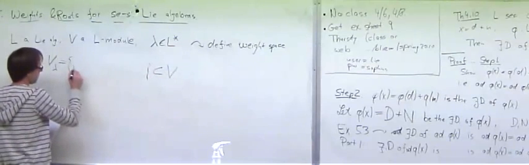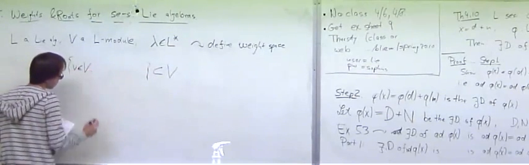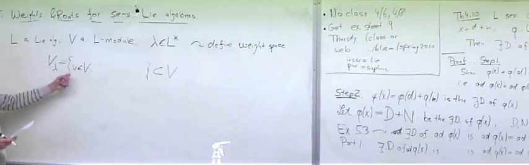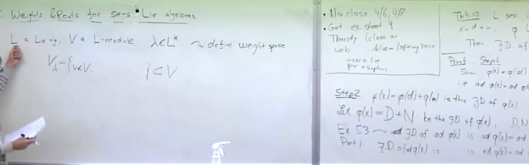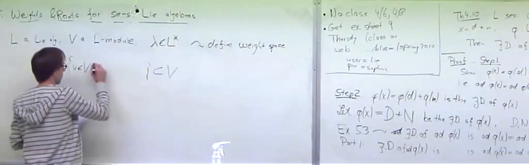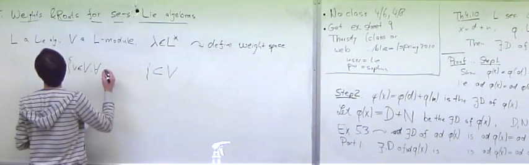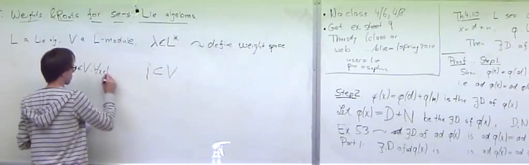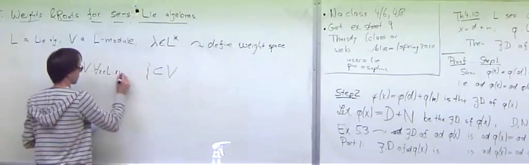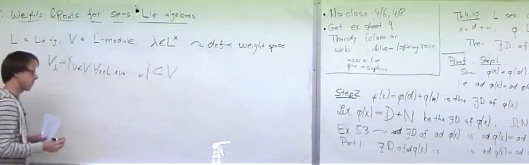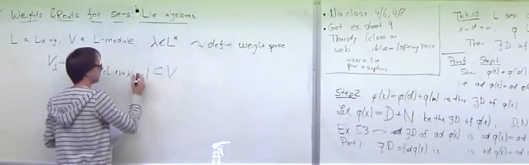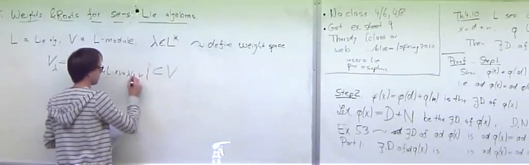And namely it was the set of all those vectors which are just scaled when I apply an element x of the Lie algebra. And the factor by which they are scaled is just given by applying this linear form lambda to x.